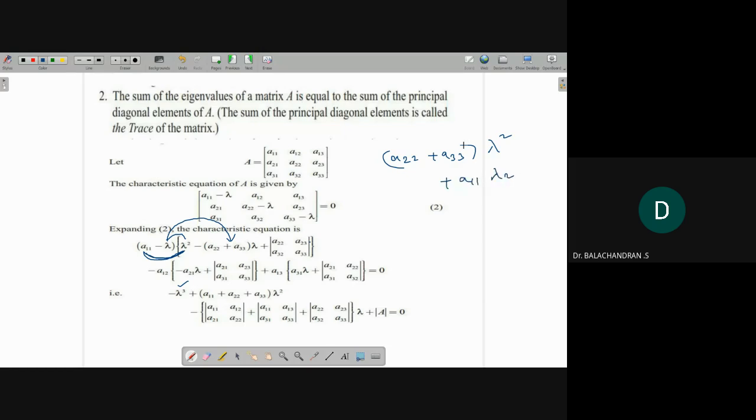If you combine and take lambda square common, you'll get A11 plus A22 plus A33 into lambda square. So the lambda square term is also over. Next I need to tell how the coefficient of lambda terms plus the determinant of A come.